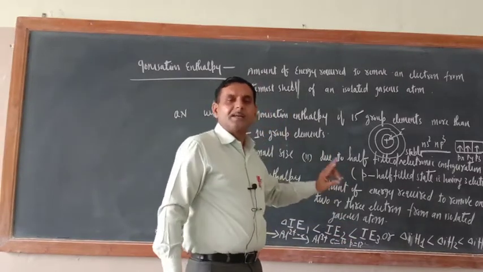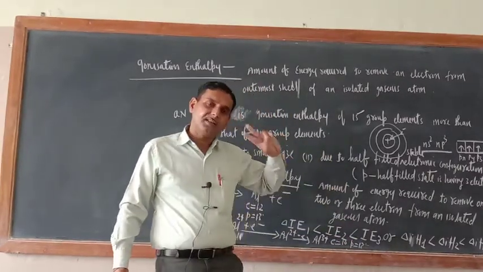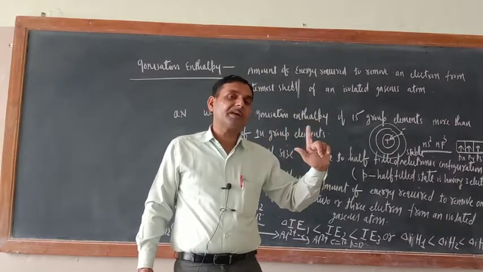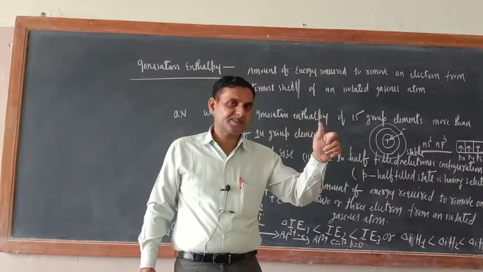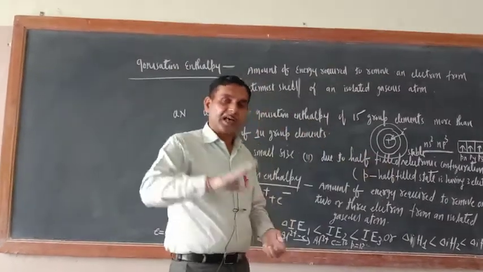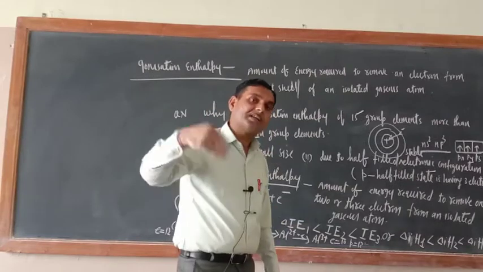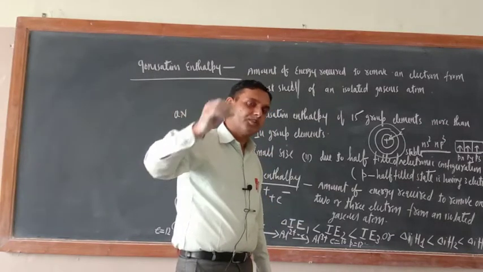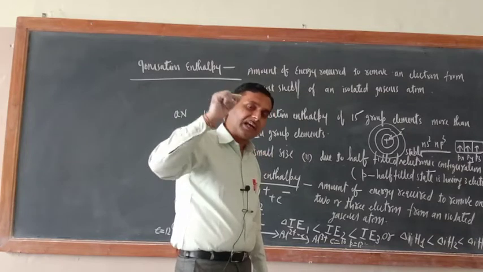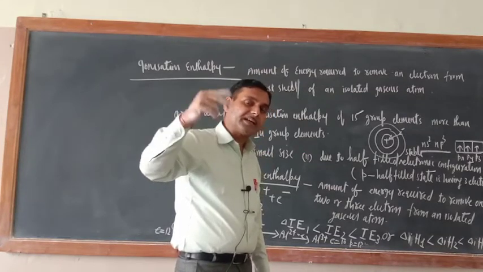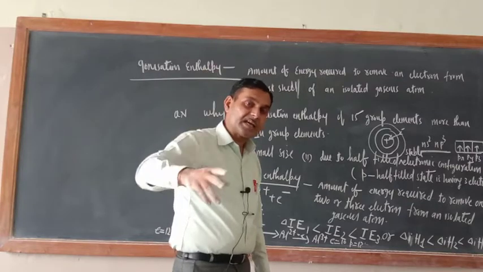So remember, once 1 electron is removed from a neutral atom, it will be converted into a charged species. The electrons are less now, protons are more, and because of protons only, nuclear charge is there. So with the removal of an electron, a neutral atom is converted into a charged species.